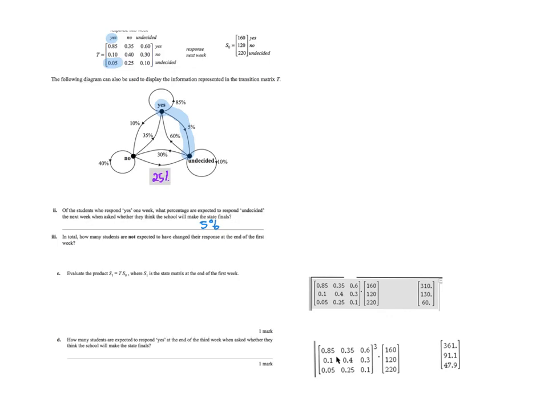So the next question was, in total, how many students are expected to have not changed their response at the end of the first week? So this is originally what happened up here with S0. Now, if you think of the people who aren't going to change their mind, that would be 85% of the yeses, 10% of the undecided, and 40% of the no's, because they're the ones who are going to go back to that answer.